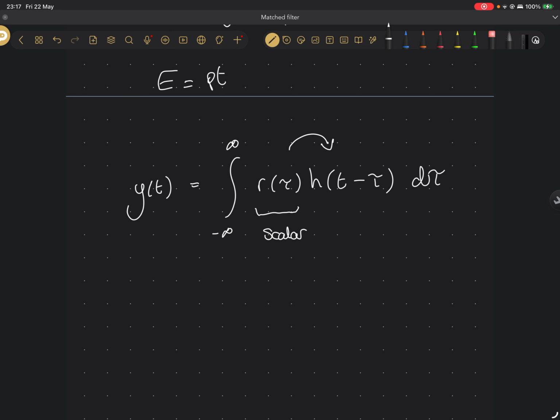So the impulse function is scaled by r of tau and is shifted. H of t is the impulse response, and convolution simply slides the one function across another.